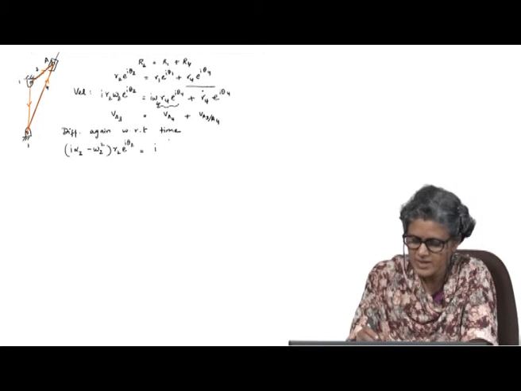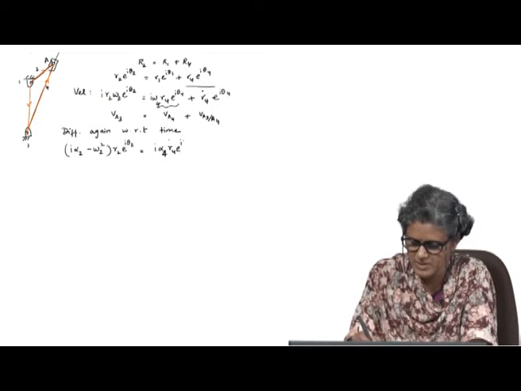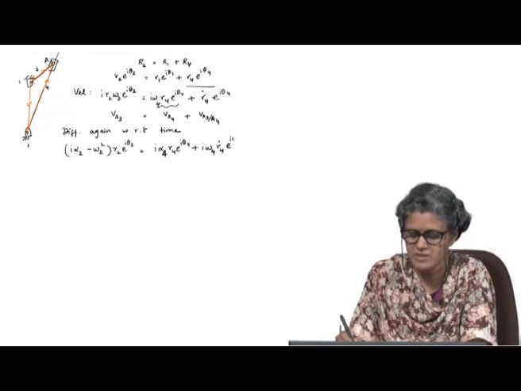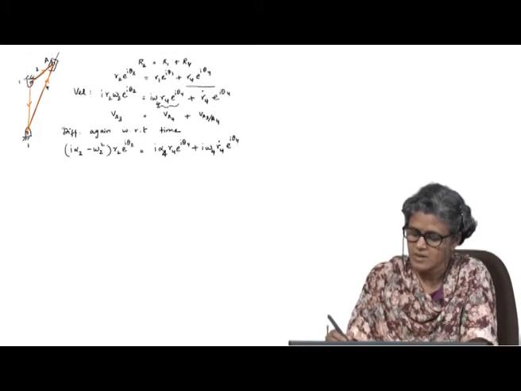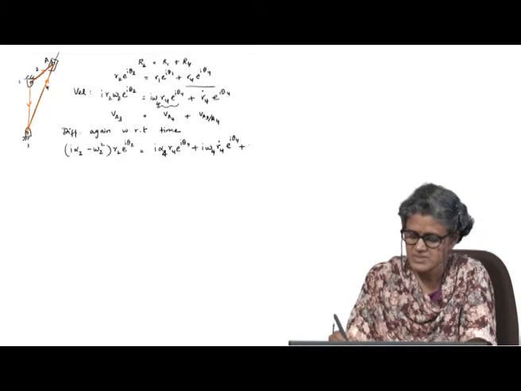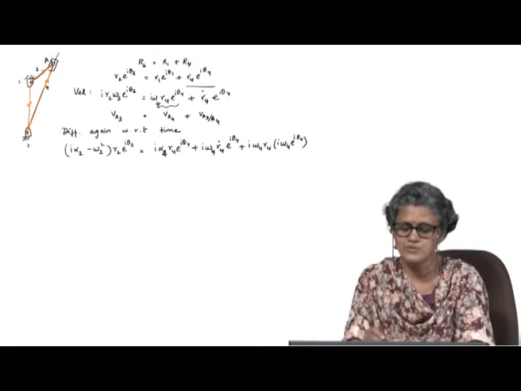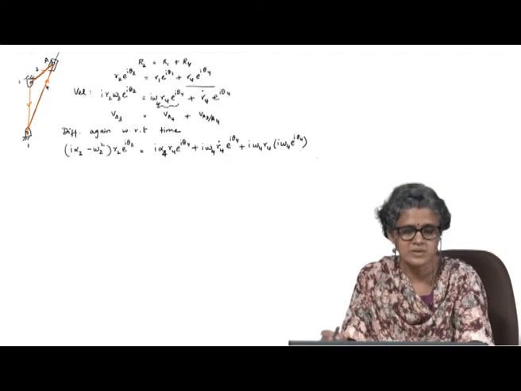So, I have i alpha 4 R4 e power i theta 4, plus i omega 4 R4 dot e power i theta 4, plus i omega 4 R4 into i omega 4 e power i theta 4. Those are the three terms I get from differentiating this.